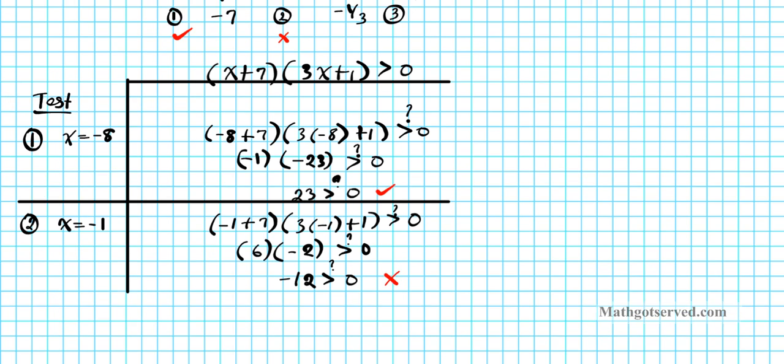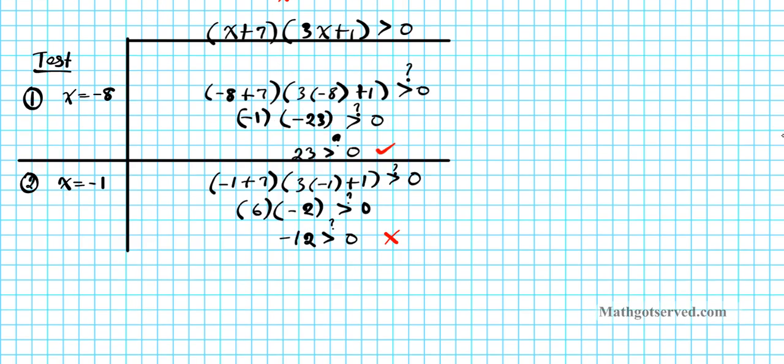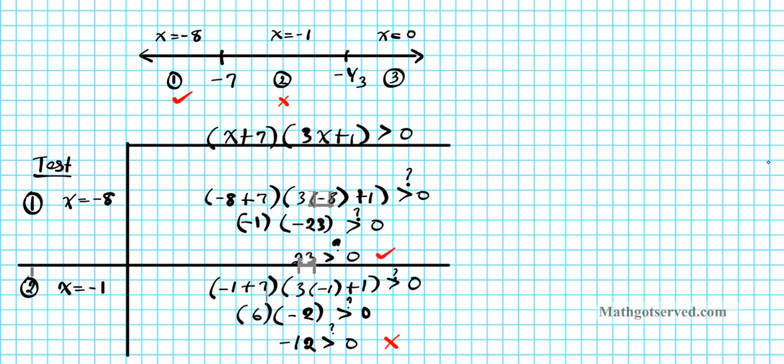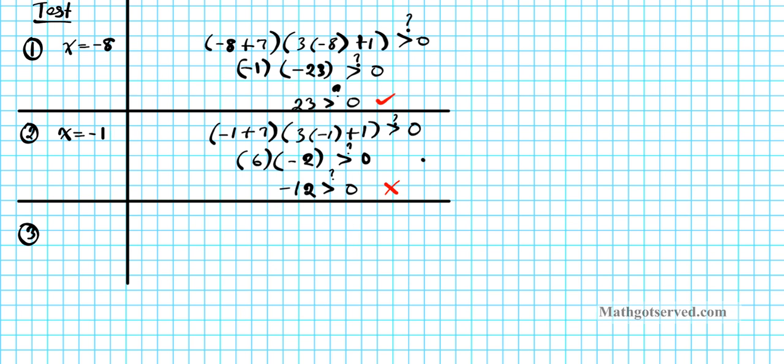All right, last interval we're testing is interval 3, and the test number is x equals 0. We're going to plug it into the original function.